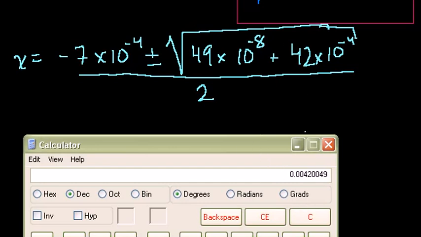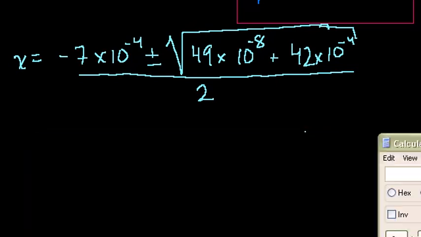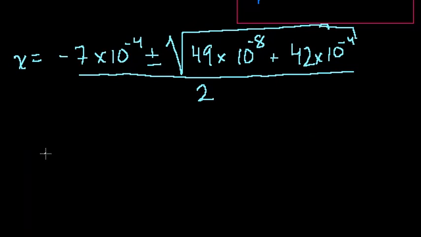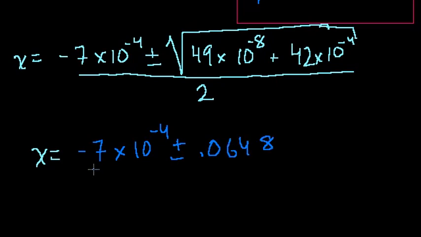And now we want to take the square root. So to the 0.5 power is equal to 0.06. So far we get x is equal to, I'll arbitrarily switch colors, minus 7 times 10 to the minus 4 plus or minus 0.0648, all of that over 2.